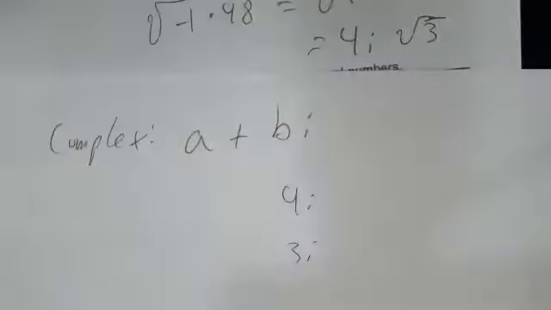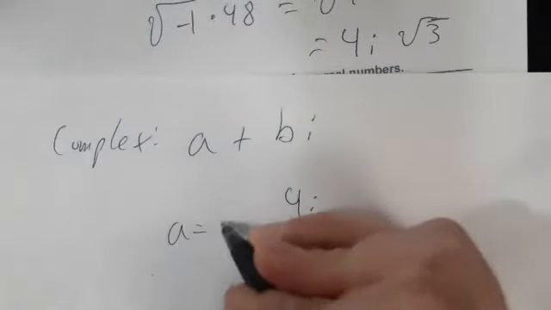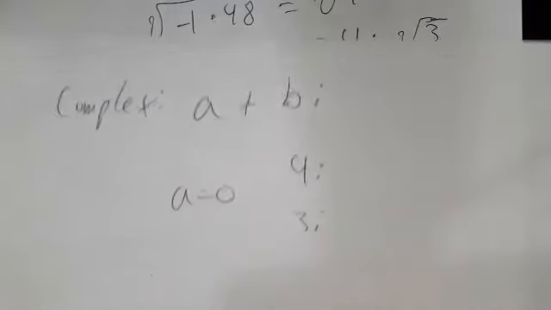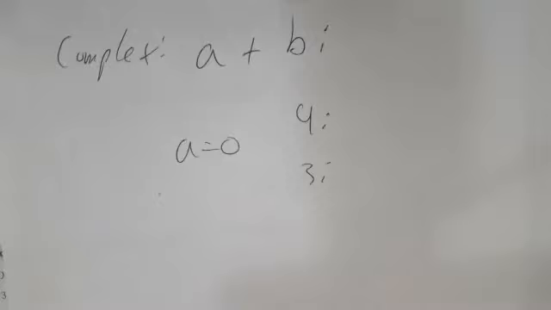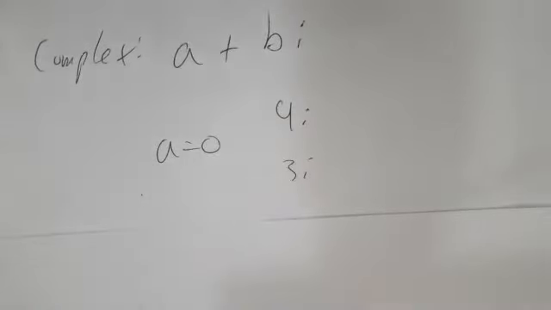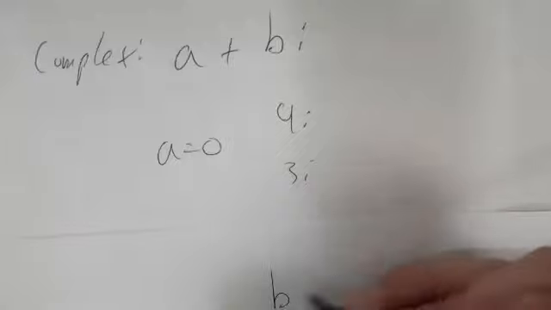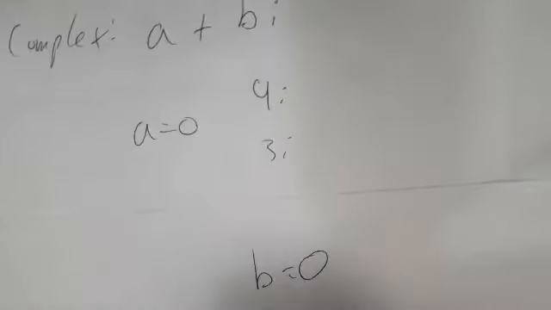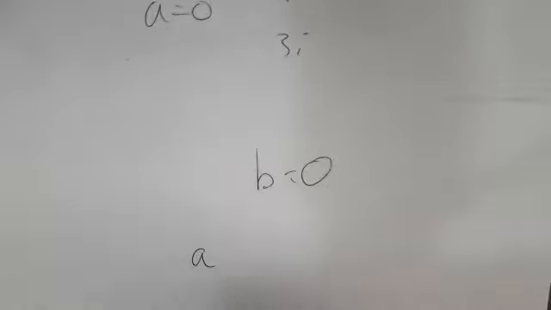So if a is equal to 0, I can get things like 4i and 3i. The other thing I could let be equal to 0 is my b. If my b is equal to 0, then I just have things that look like a.